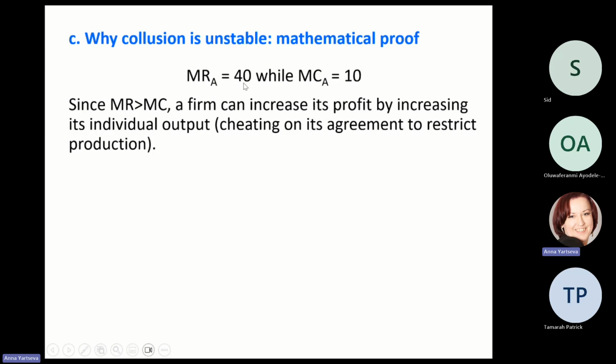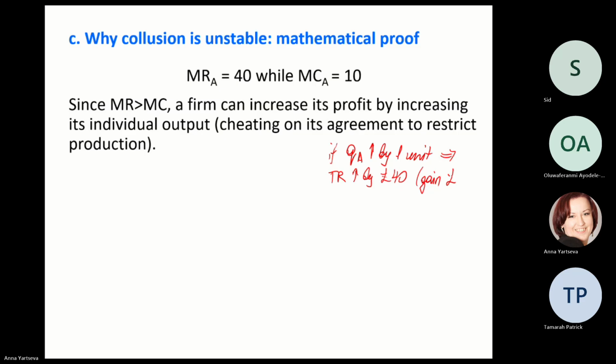If you increase production by one item, your revenue will increase by 40 pounds. So if output produced by our company goes up by 1 unit, total revenue goes up by 40 pounds. We gain 40 pounds. This is what marginal revenue equal to 40 means.